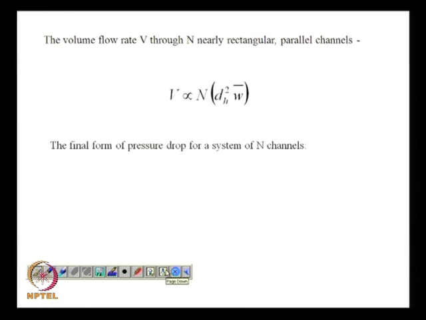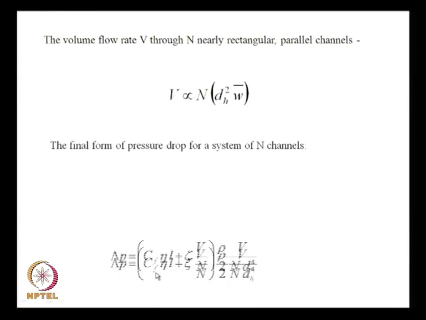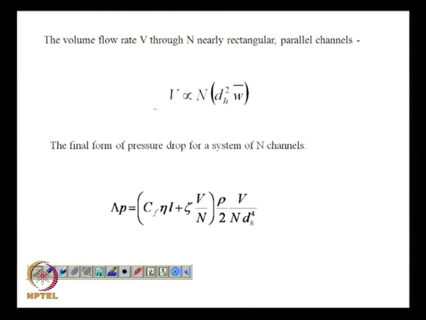If you have n number of rectangular parallel channels, then the volumetric flow through such channels is obviously proportional to dH squared, which is the flow area, and W bar, the velocity.